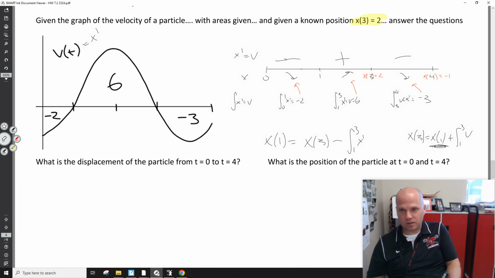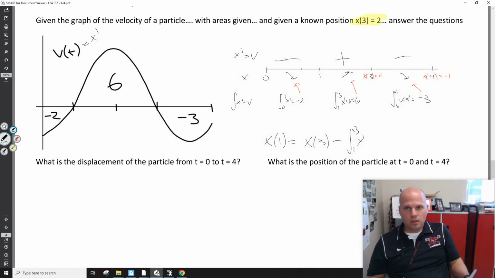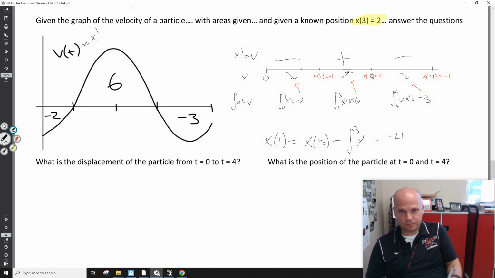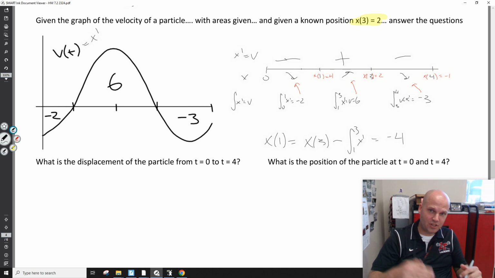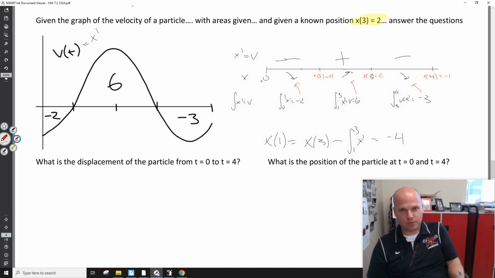It's the same deal: if I increase by 6 to get to 2, I must be coming from negative 4, or 2 minus 6 equals negative 4. If I decrease by 2 to get to 4, I must be coming from 6.